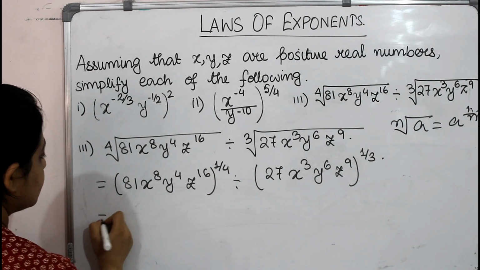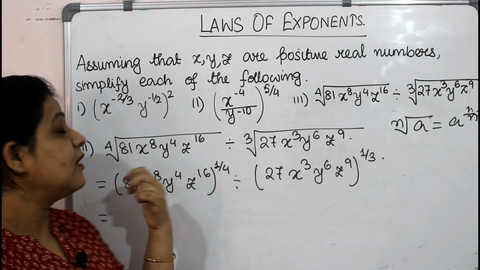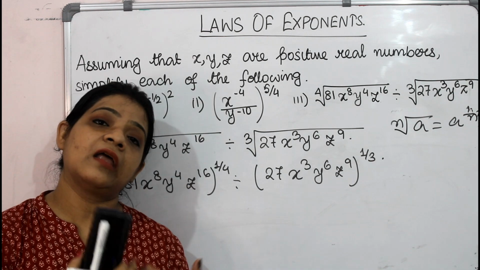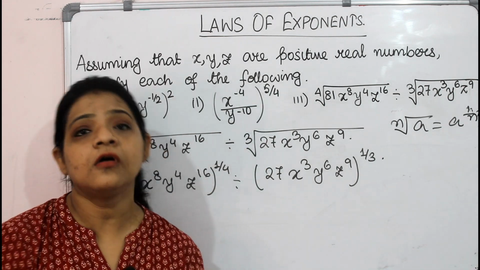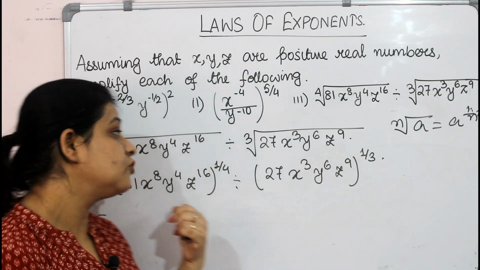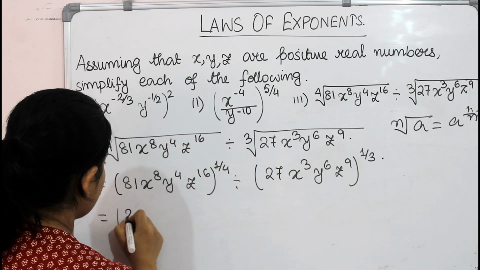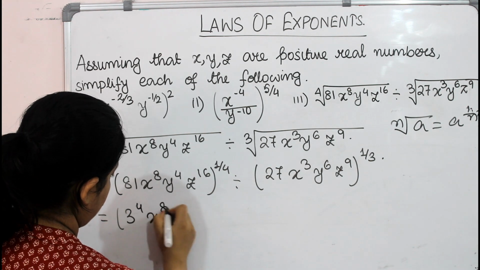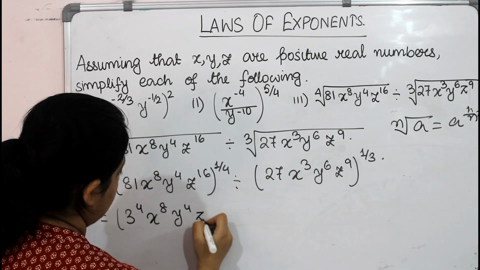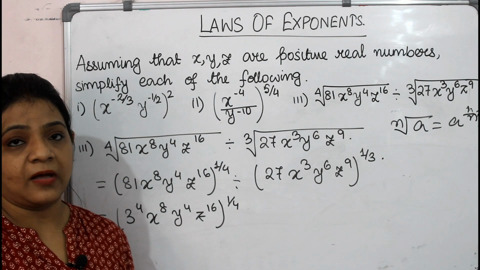Now 81 can be chosen as 9 square also, or 3 to the power of 4 also. So we will choose 3 to the power of 4, since then we can directly cancel this with 1 by 4.